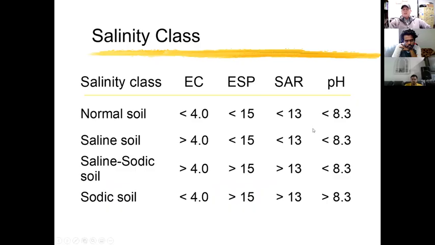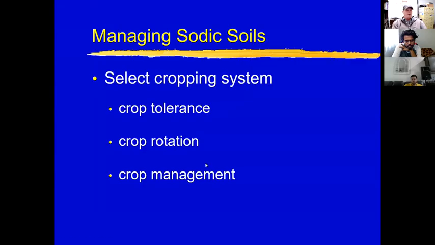And then pH is also helpful. When we get into the world of a sodic soil, the pH is typically greater than 8.3. So if I gave you guys some examples, we could determine whether something's normal, saline, saline sodic, or sodic. Okay, we'll do that in just a minute here.